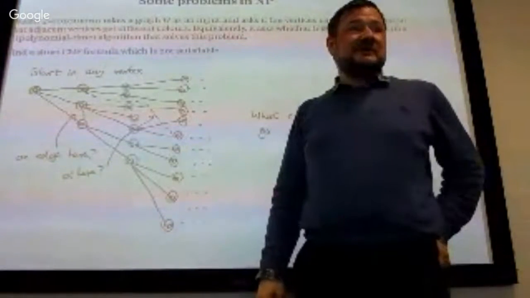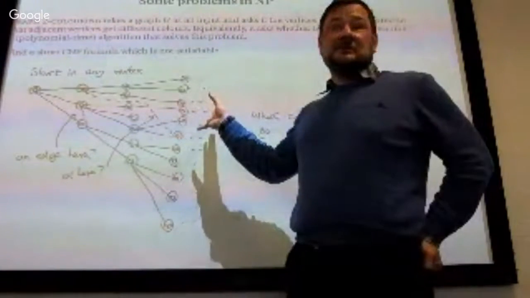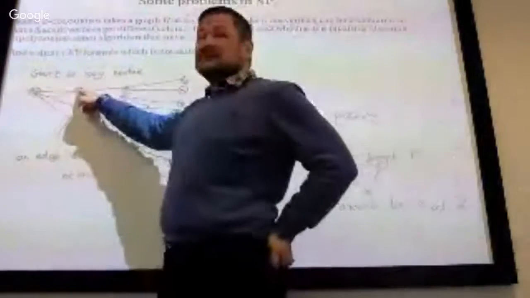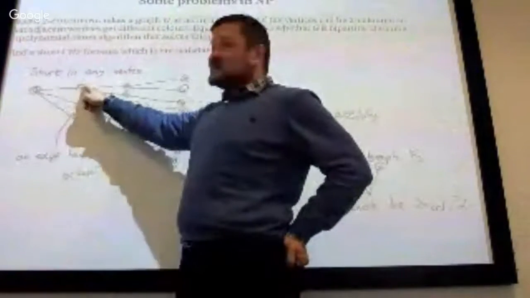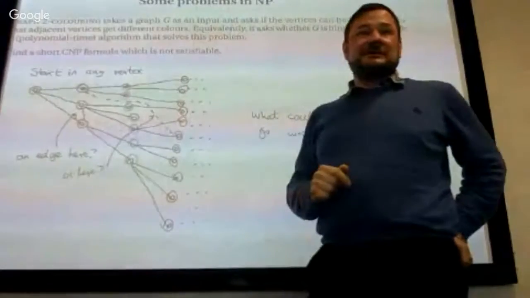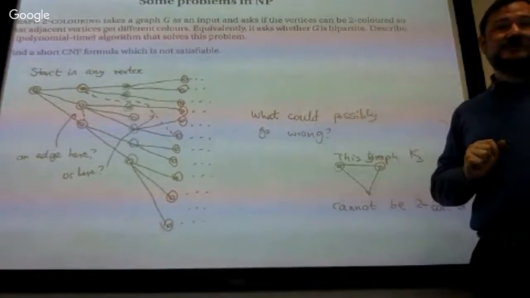That would spoil the coloring, and so on. Those are the only two things that can go wrong. So if it never happens that there's an edge going backwards to a vertex in the same colored layer, or that there's an edge going like this within a layer, you get a proper two coloring.